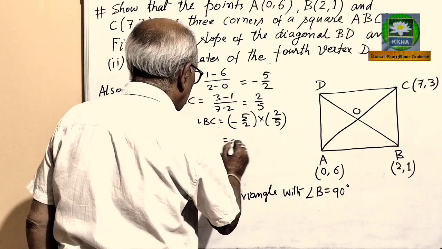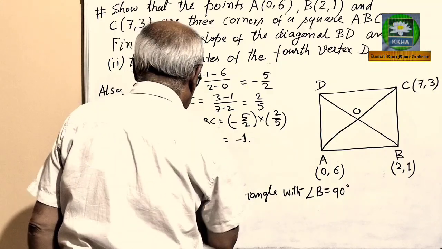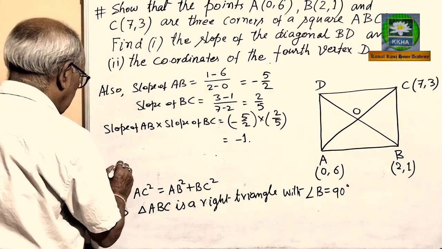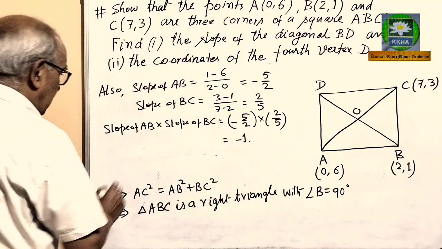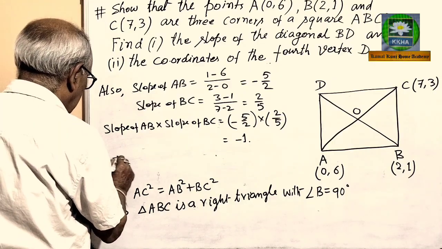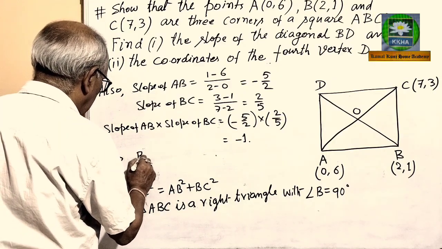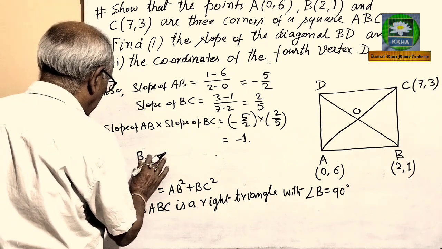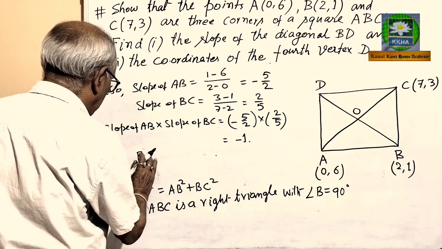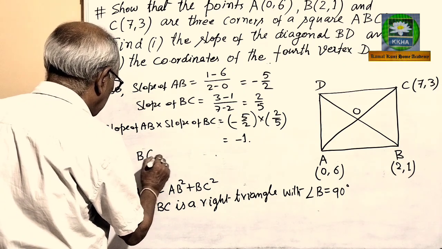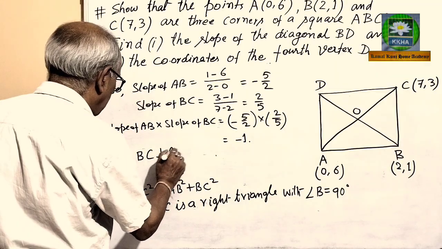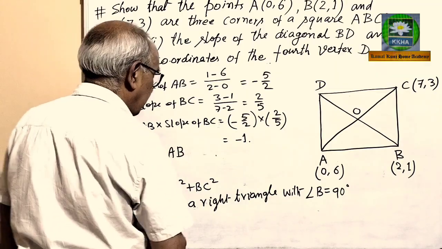This is equal to minus 1. This implies that BC is perpendicular to AB.